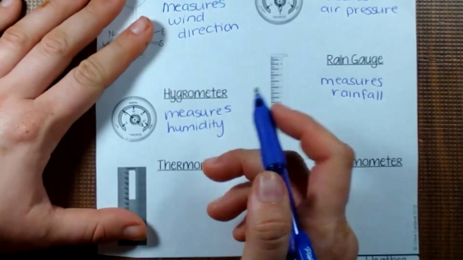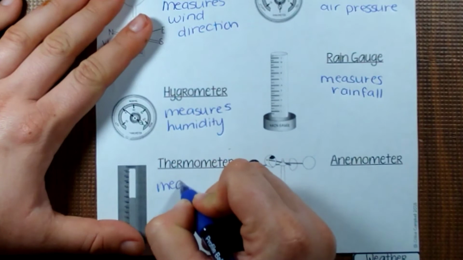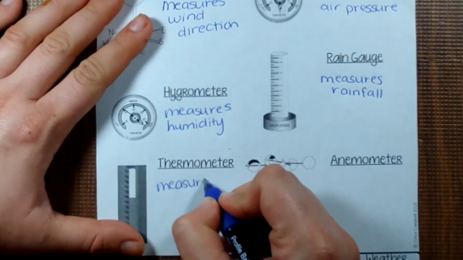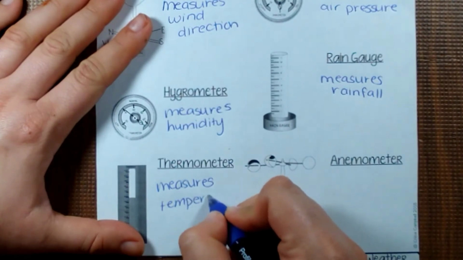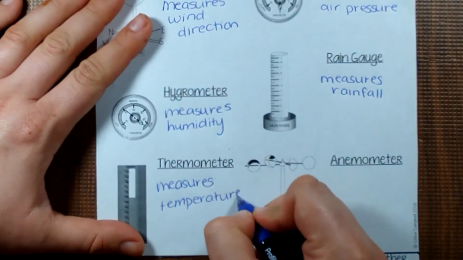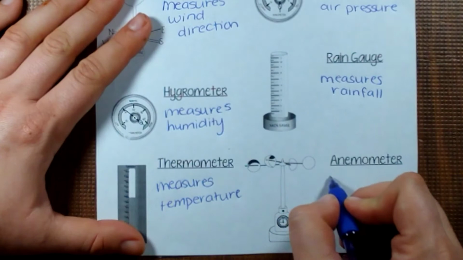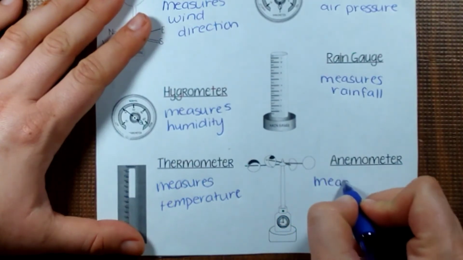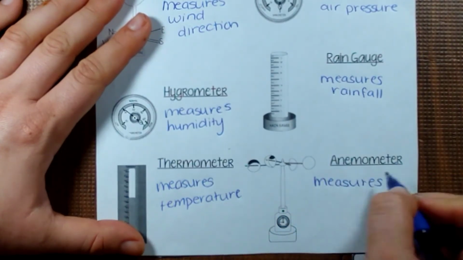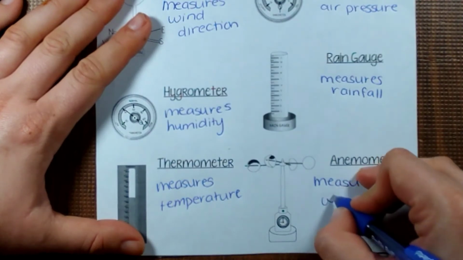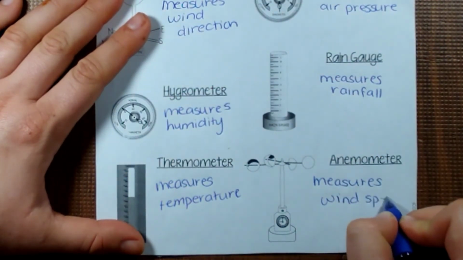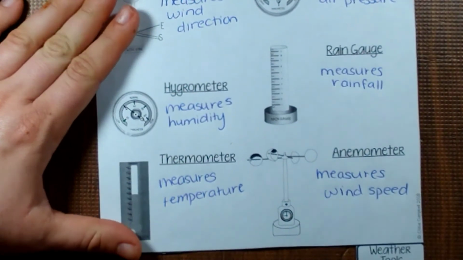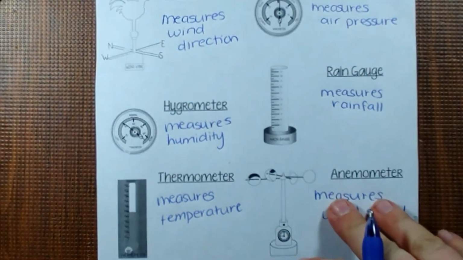A thermometer measures temperature. And an anemometer measures wind speed. And that's what we need to know for our weather tools.